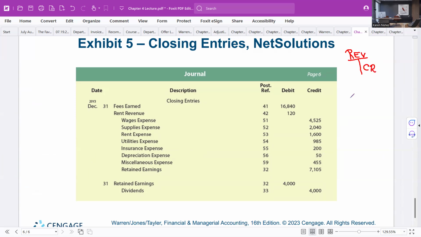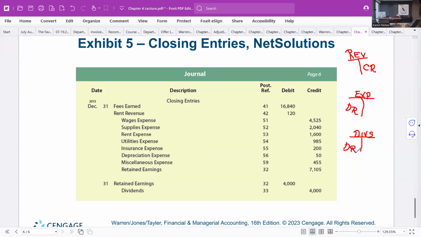On the other hand, expenses will typically have a debit balance. And lastly, we have dividends, which will typically have a debit balance as well. Those are the three temporary or nominal accounts that have to be closed. And I've identified here and noted the normal balances in those accounts.